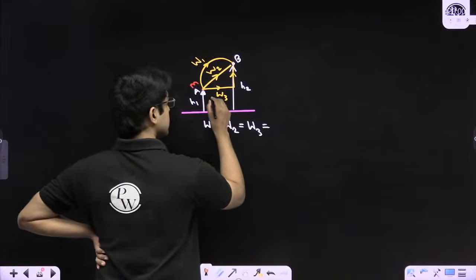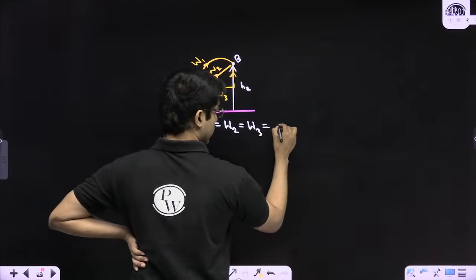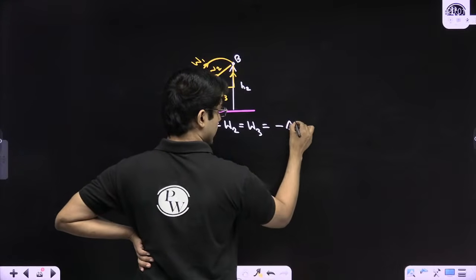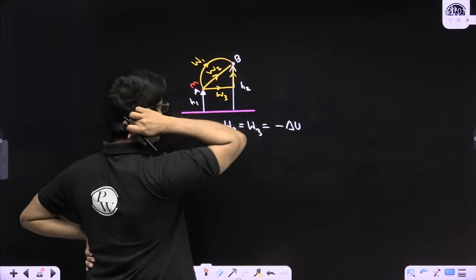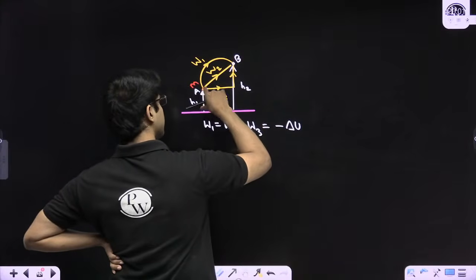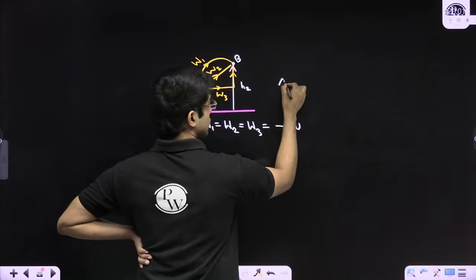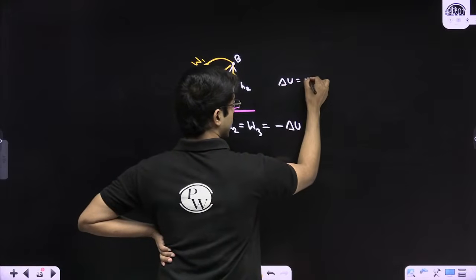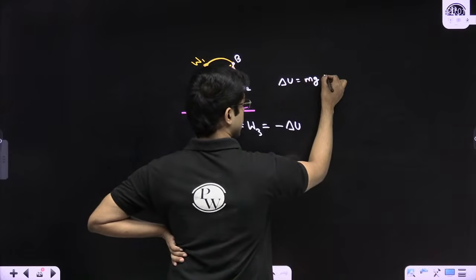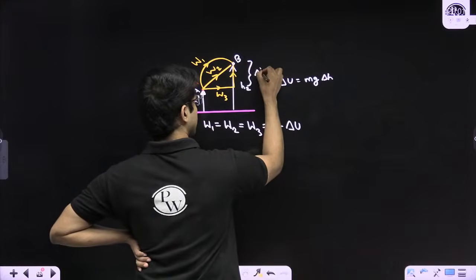And if you remember, this is actually equal to minus delta U. Delta U is the change in potential energy. So going from a height h1 to a height h2, the potential energy increased, right? So delta U is actually mg delta h, if this height difference is delta h.